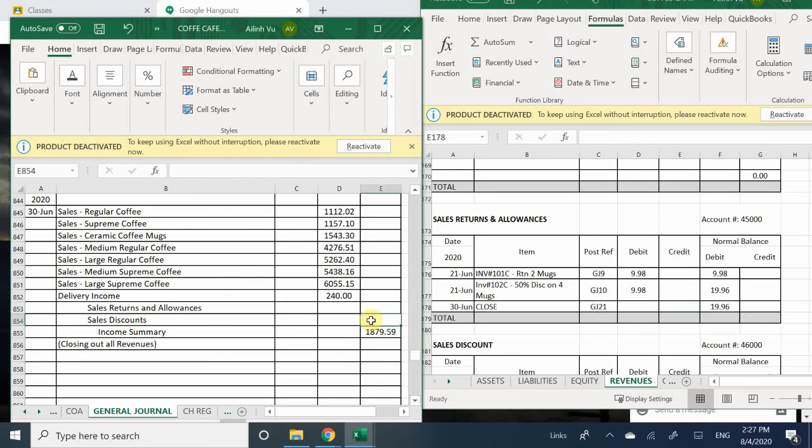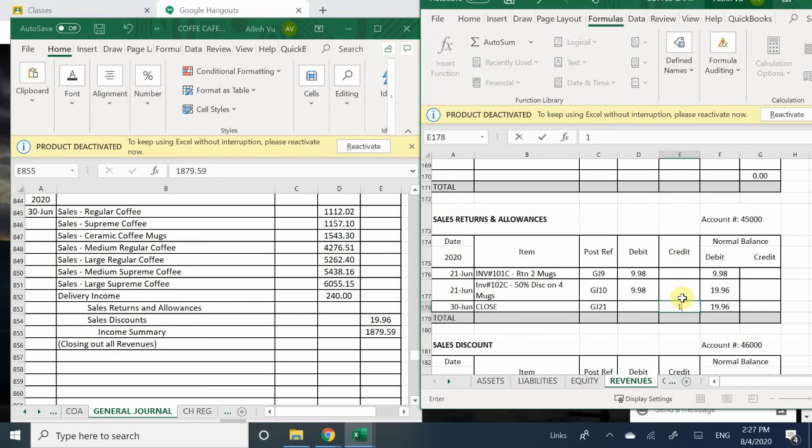So here, I'm going to write on the credit side 1996. I credit my account. So here, I'm going to also type in 1996. And boom, it's zero. So I'm for sure okay with that. I know for sure those accounts are zero.